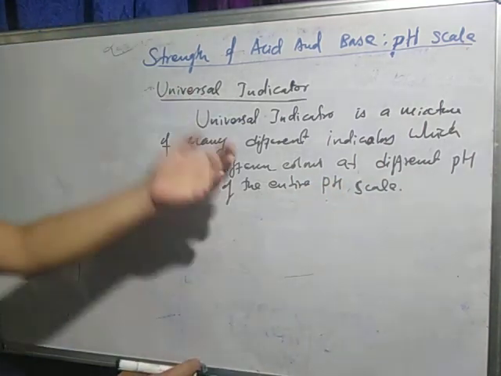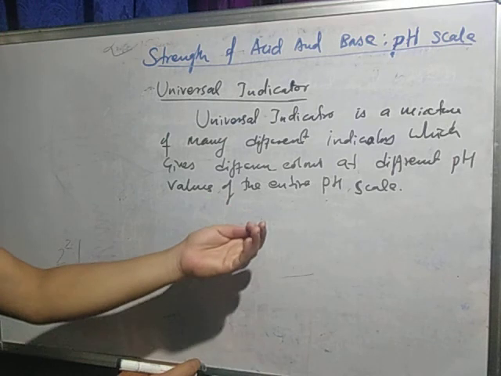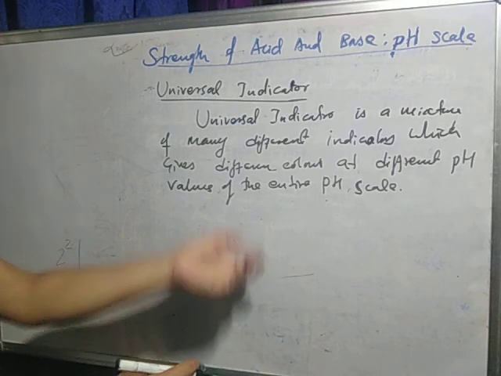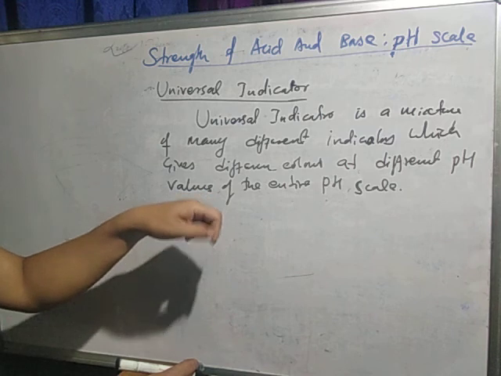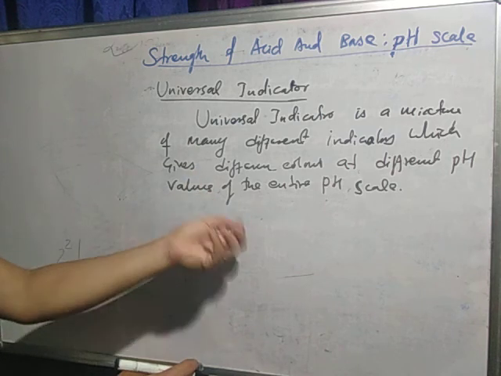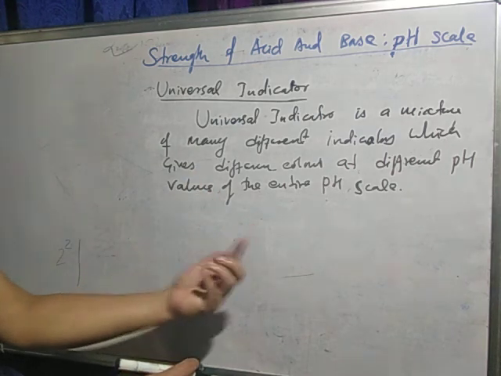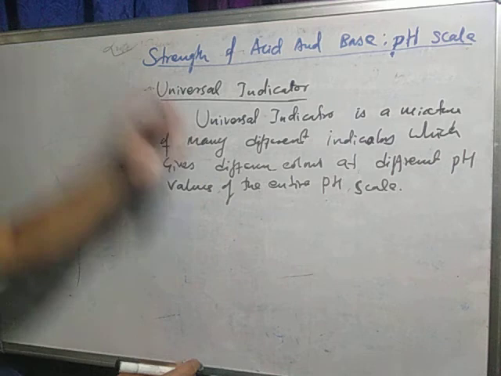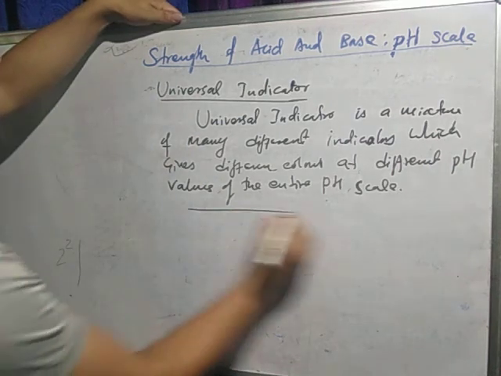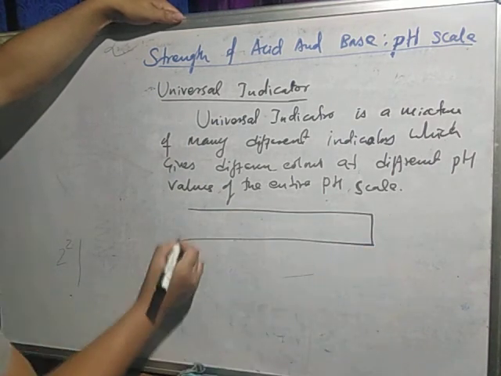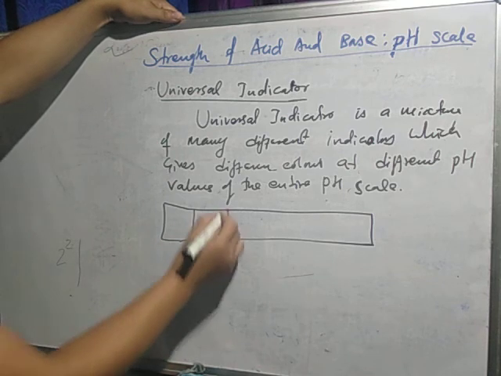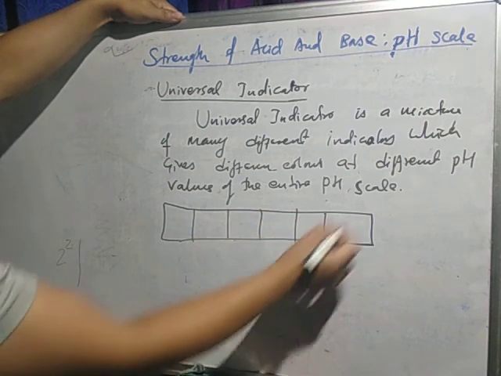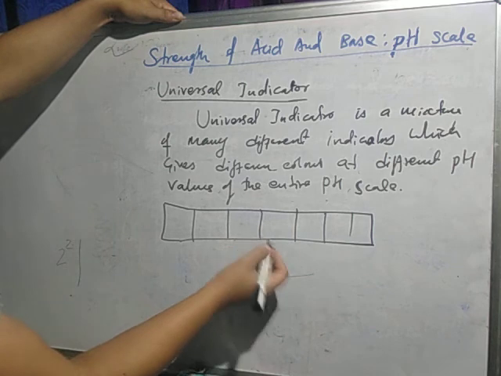Litmus paper just gives us information about the solution, whether it is acid or base, but the universal indicator, if you pour it in your solution, will give how strong the acid is, how strong the base is. In your book also you have this type of strip, and we have so many colors. So at 7 you have green.